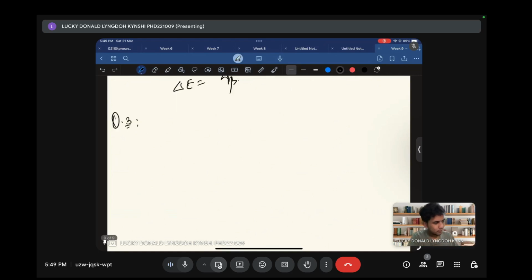When I say effective mass, you write effective mass equal to h cross square times d square E by dk square to the power minus 1. Okay, this is your effective mass.